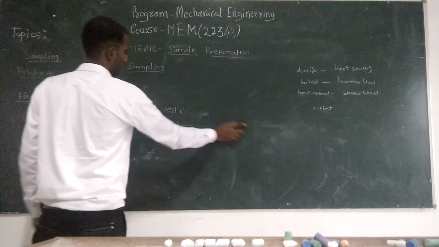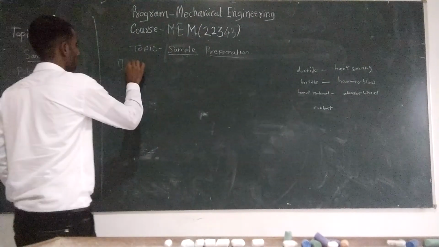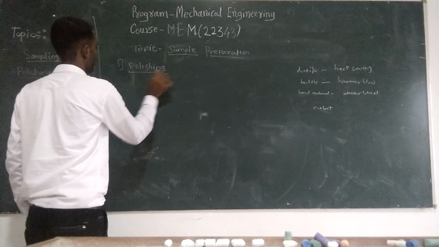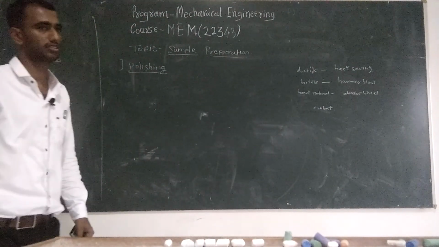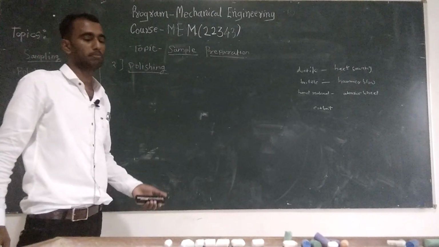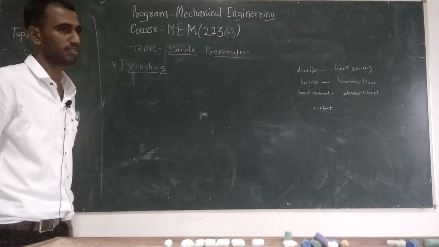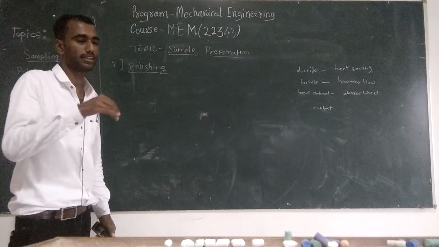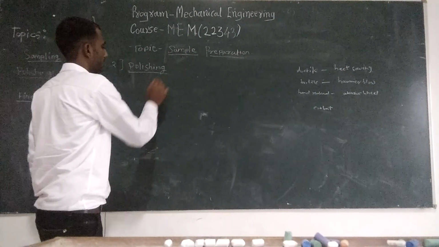Now the next process is polishing. After completion of the sampling process, you have to do some polishing, because the surface of the sample you have chosen contains some irregularities or impurities.